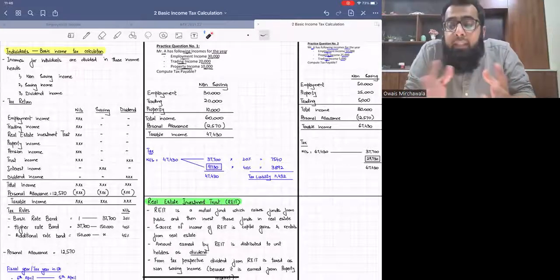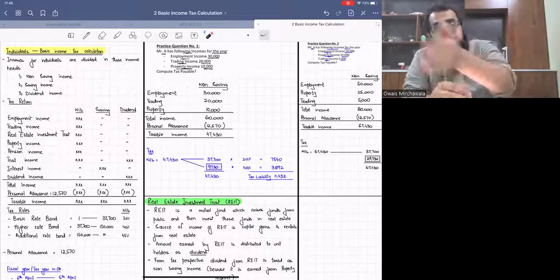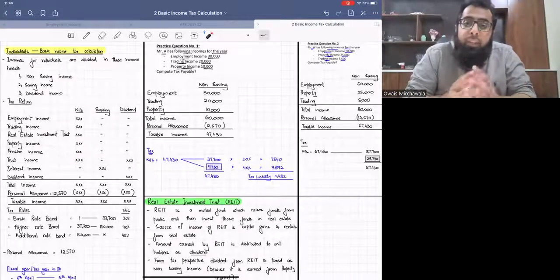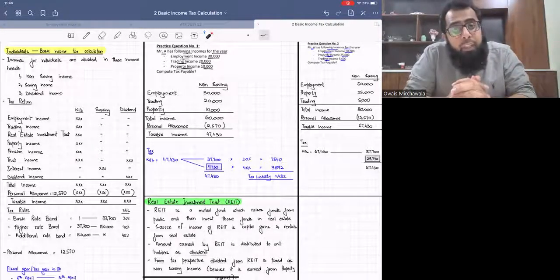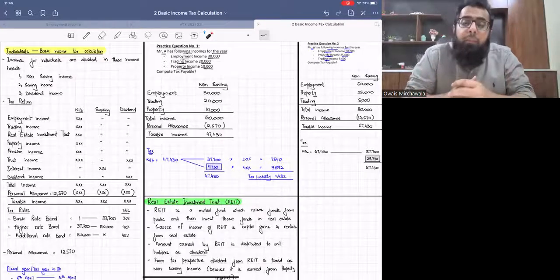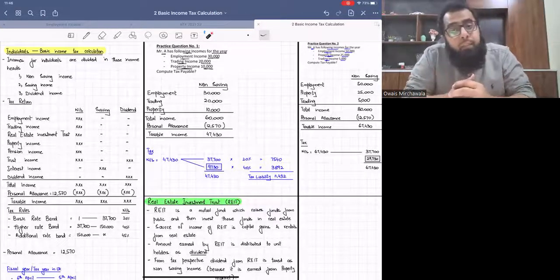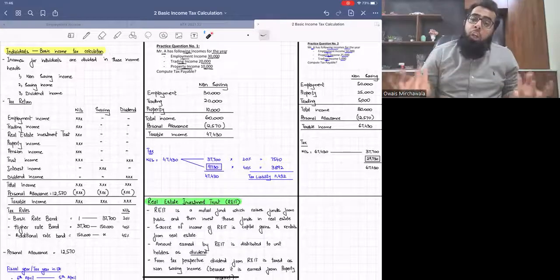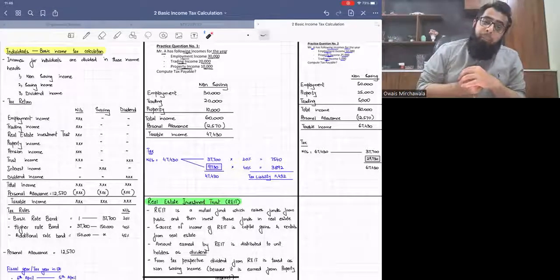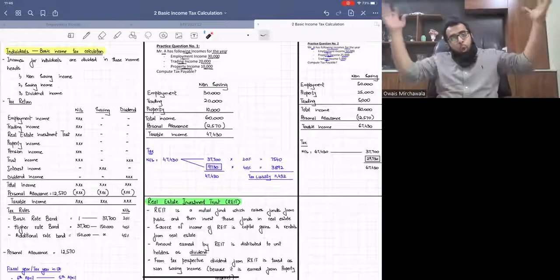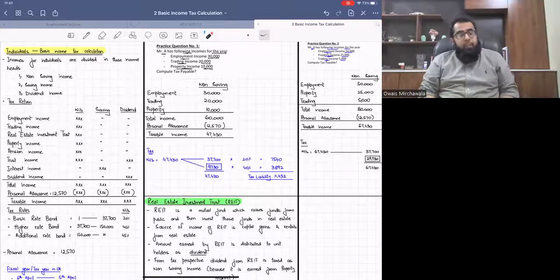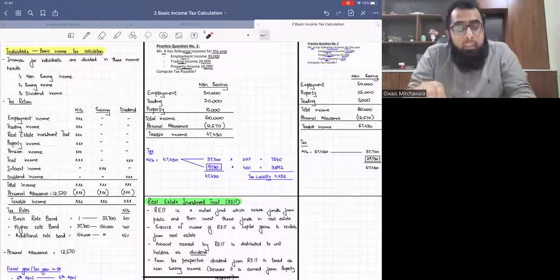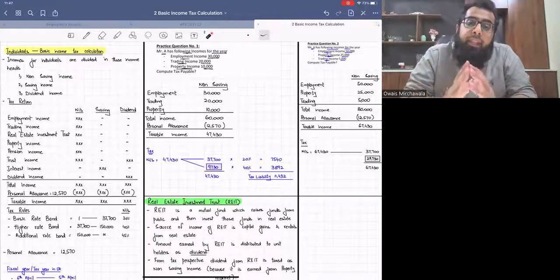The tax department has divided the incomes in 3 heads: non-saving, a normal head of income; saving income, interest; and the dividend. Non-saving is a normal head of income in which all the incomes are classified except interest and dividend, because their tax rates are different.